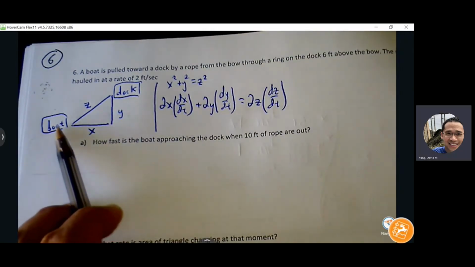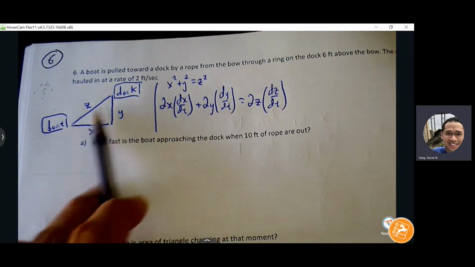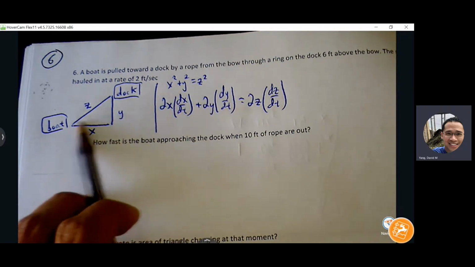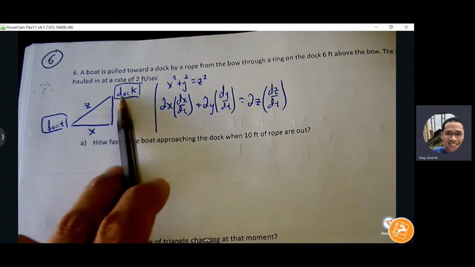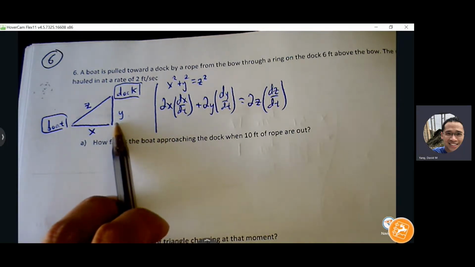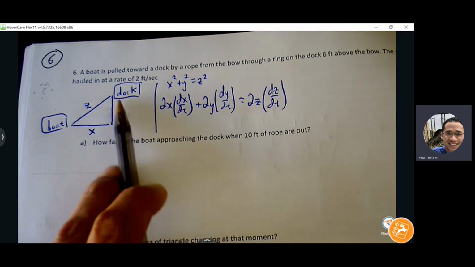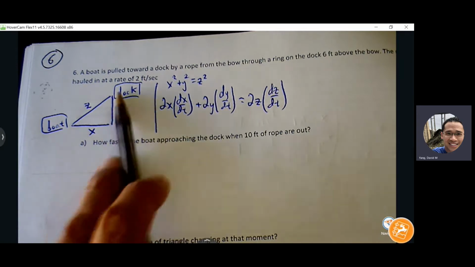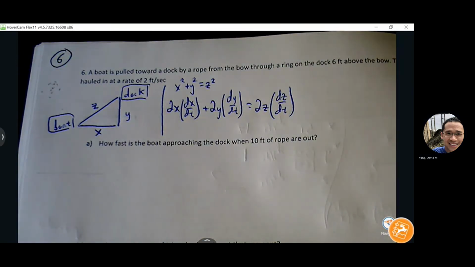So the boat is drawing closer towards the dock. The rope that is on the dock is pulling the boat in. And then the water is going to be 6 feet below the dock.